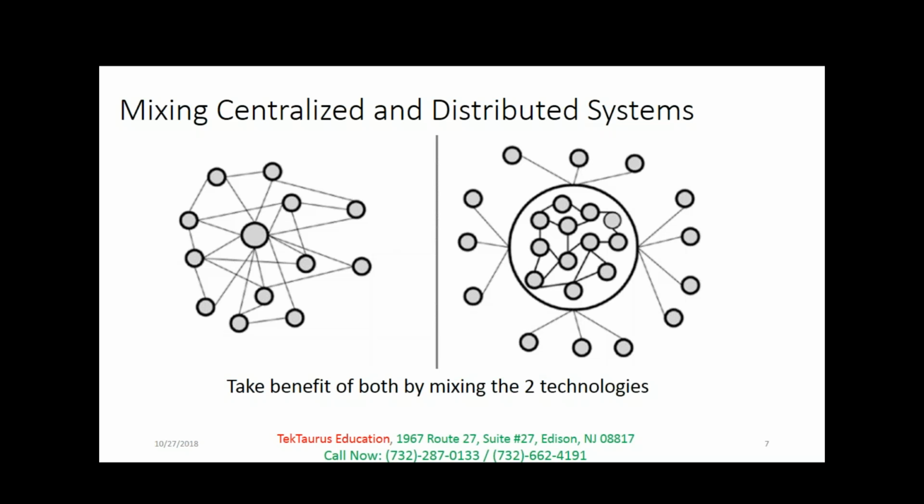That kind of system is a mixed system, and the advantage is that at a level we get the benefits of these two systems together. I am explaining all this because blockchain uses these kinds of technologies somewhere.